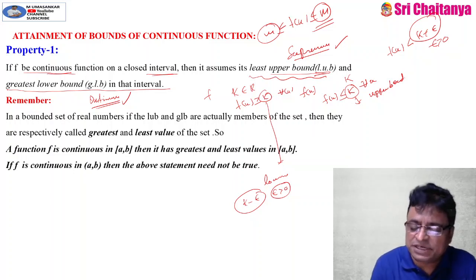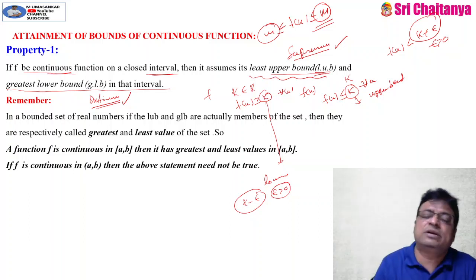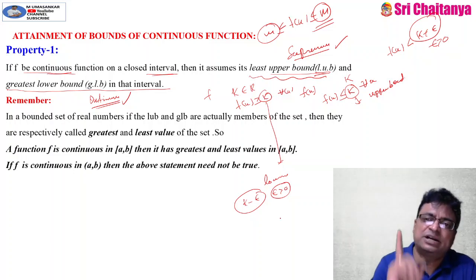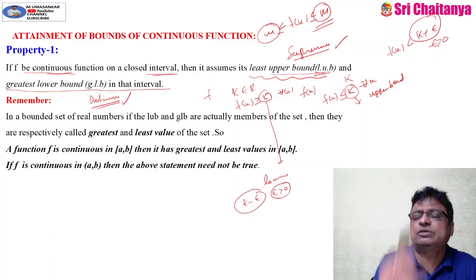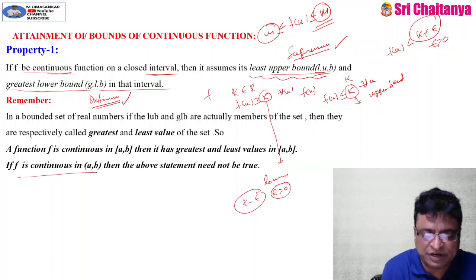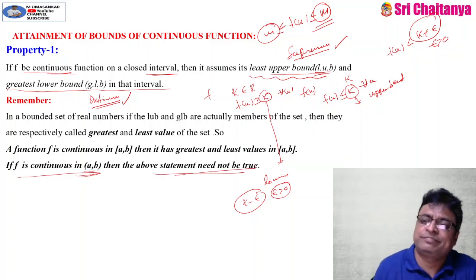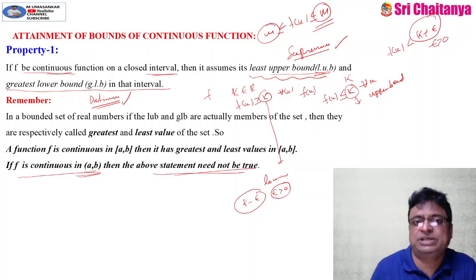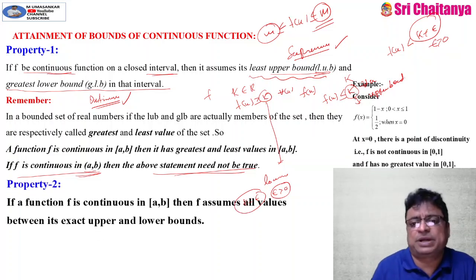If the function is not continuous in a closed interval, the property need not be true. This is 100% valid provided the function is continuous in the closed interval [a, b]. Other than that, it is not valid. That's why, if f is continuous in an open interval (a, b), the above statement need not be true. This is the costliest point.